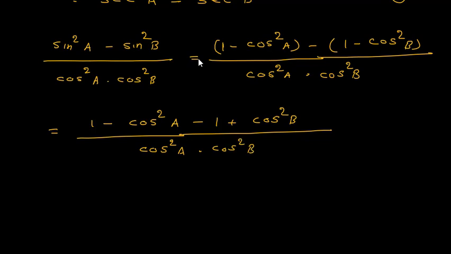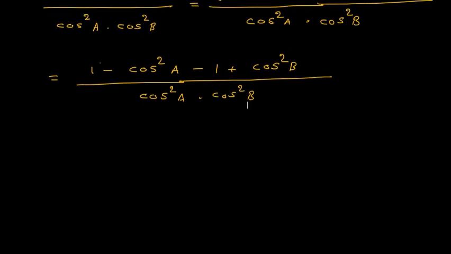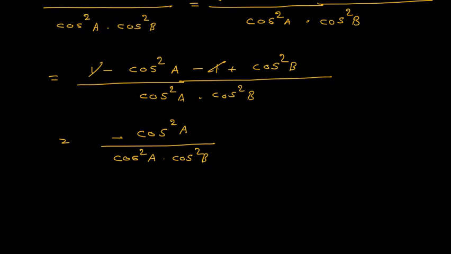So we open the numerator, it is 1 minus cos square A minus 1, and this minus minus plus is cos square B, and this whole divided by cos square A into cos square B. This 1 and minus 1 will cancel, and this is minus cos square A divided by cos square A into cos square B, plus cos square B divided by cos square A into cos square B. So you can see that cos square A and cos square A will cancel, and cos square B and cos square B will cancel.